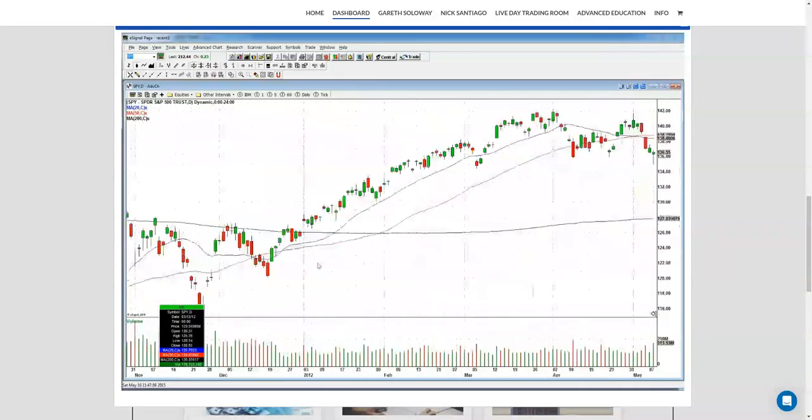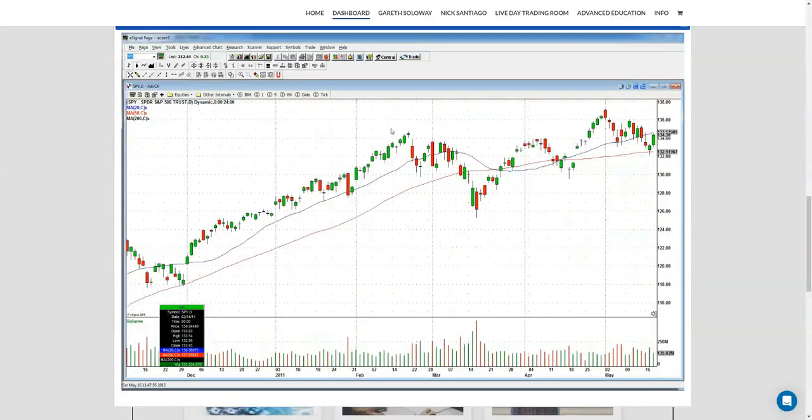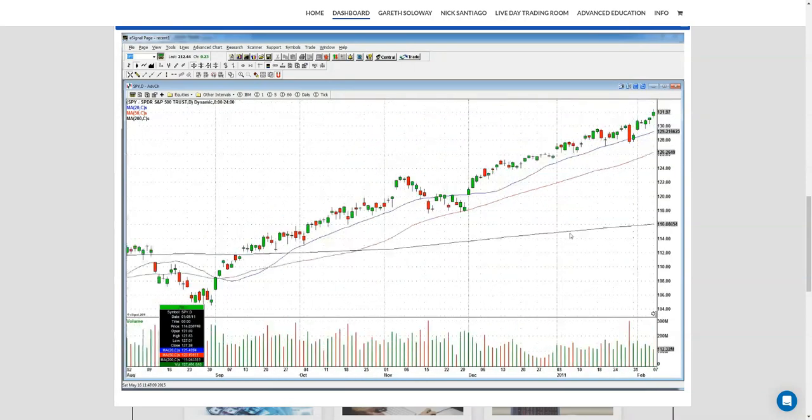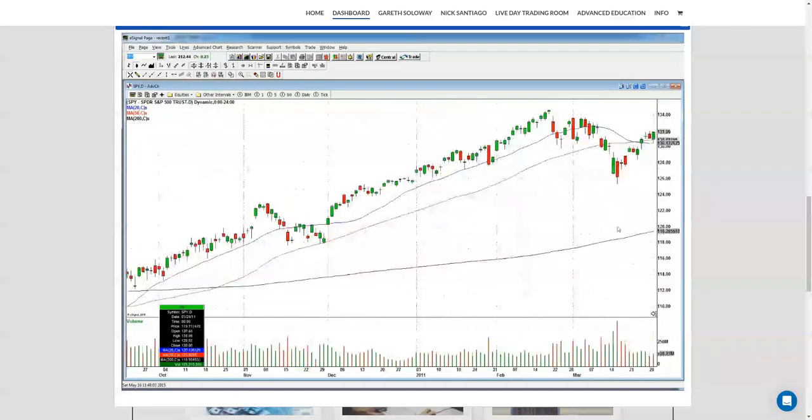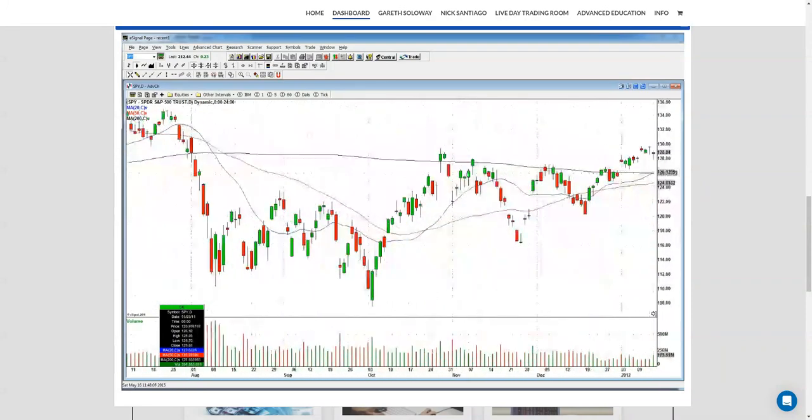I forget where that was. Right here. Pivot high, pivot low. That was 21. 21 is a multiple of 3 and 7. 14 is also a good multiple. You see 14s play out a lot on an hourly chart basis, intraday.